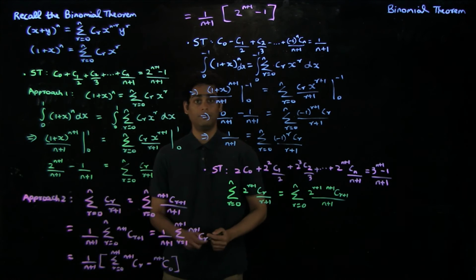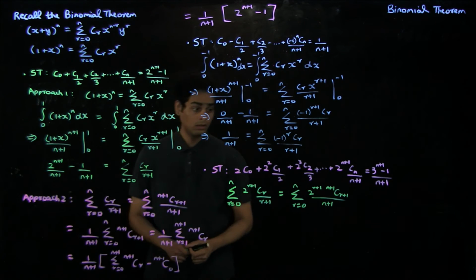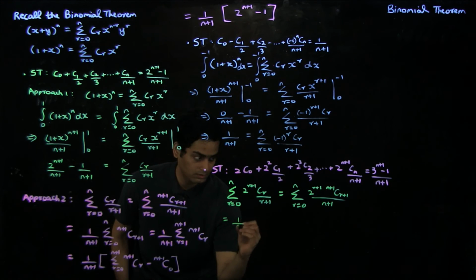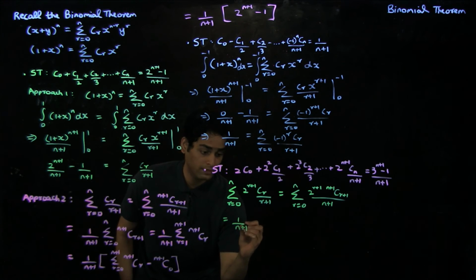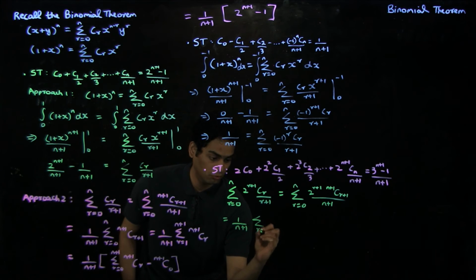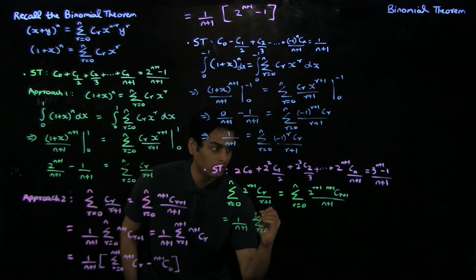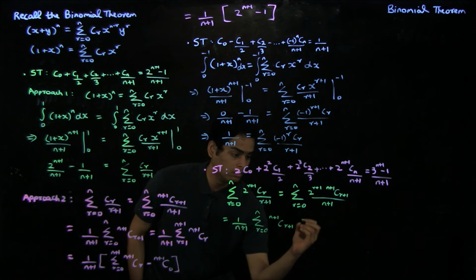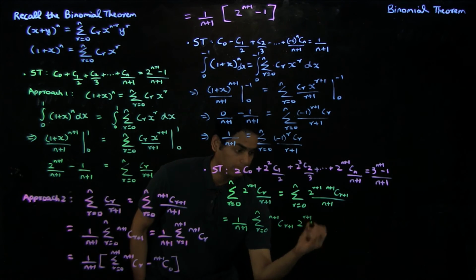So we've just used the combinatorial identity once again, and so this summation is equal to 1 over n plus 1 times the summation r equal to 0 to n of n plus 1 C r plus 1 times 2 power r plus 1.